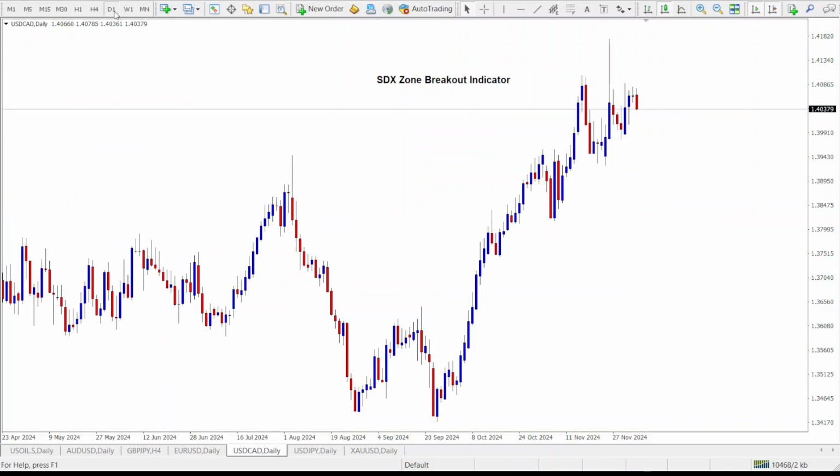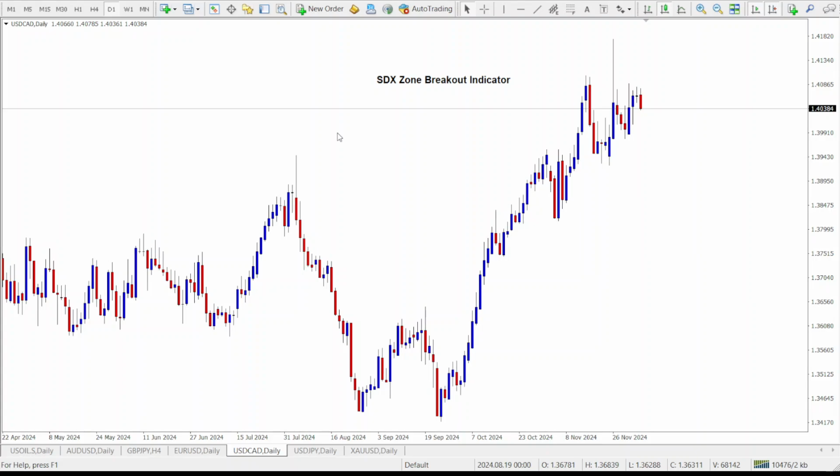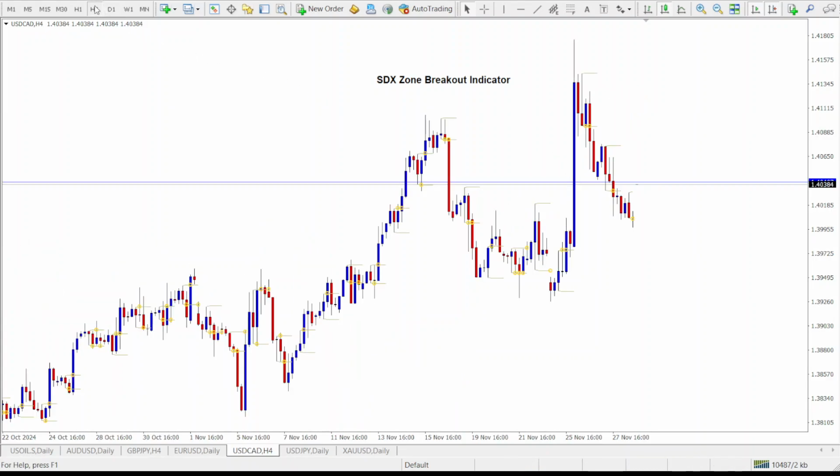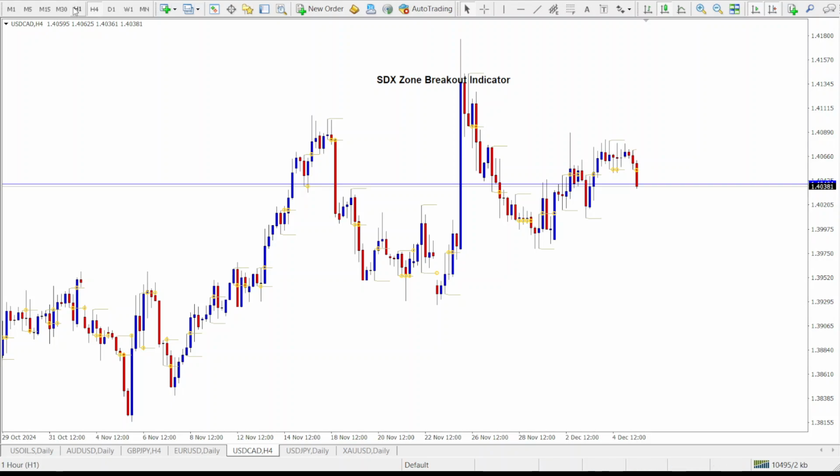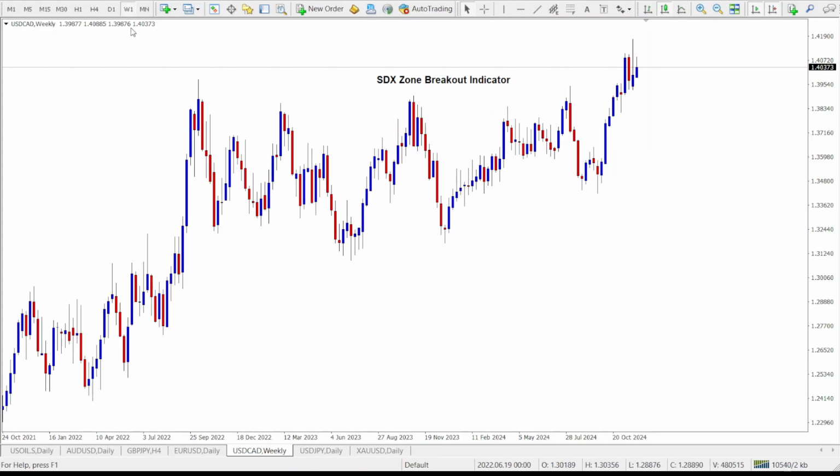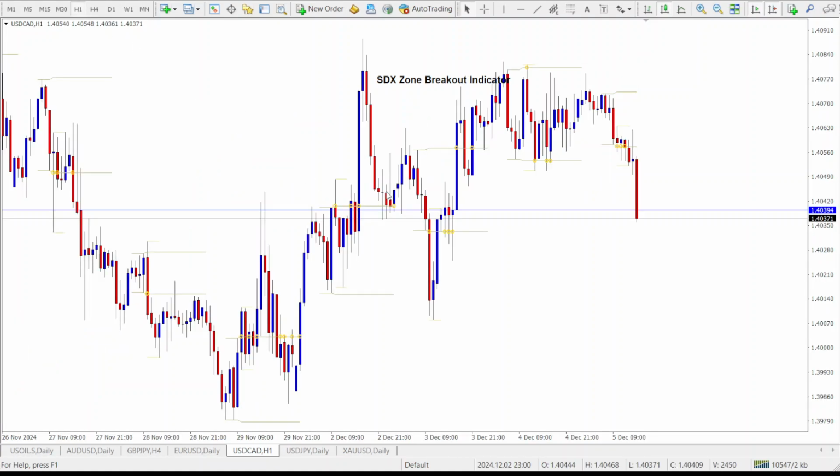Now I had to go to a time frame that is lower than the daily time frame, and as you will assume, the indicator is a zone related indicator.